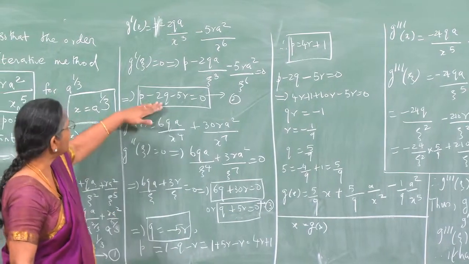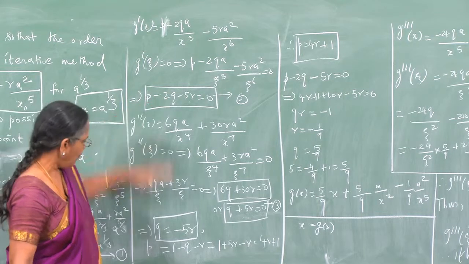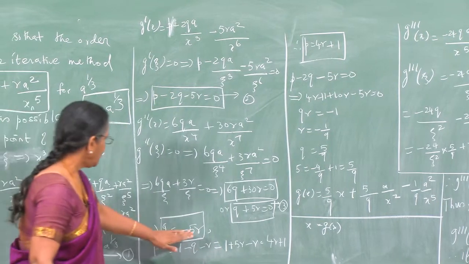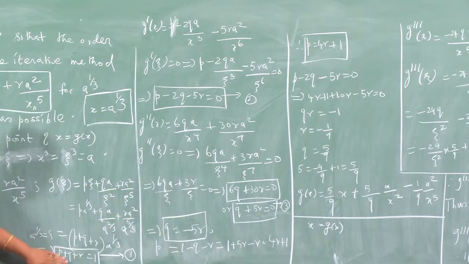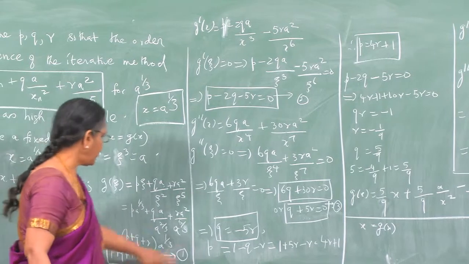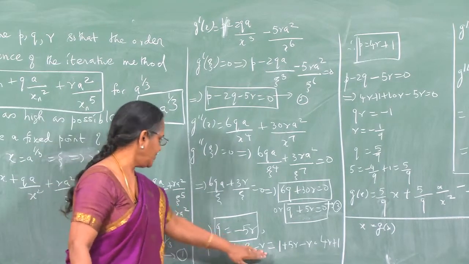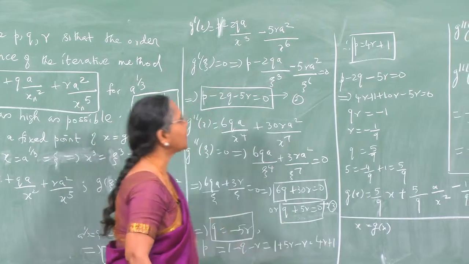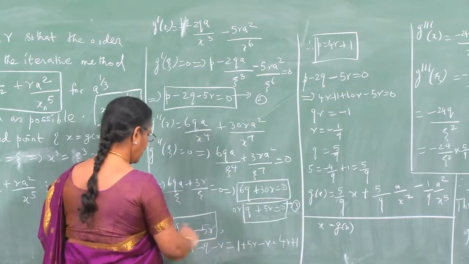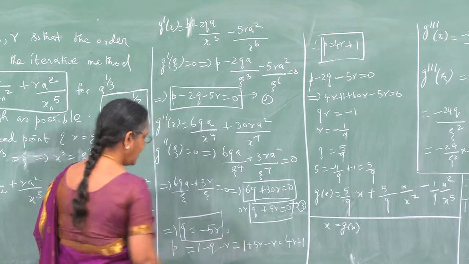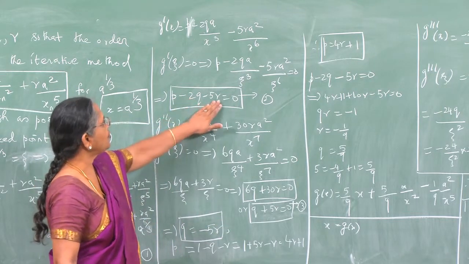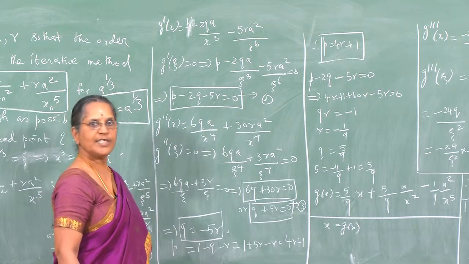Use that information here. P will be 1 minus q minus r, or use this information in p plus q plus r is equal to 1. That will give you p equal to 1 minus q minus r. So, p will be 4r plus 1. So, use p as 4r plus 1 and q as minus 5r in this second equation, p minus 2q minus 5r equal to 0.